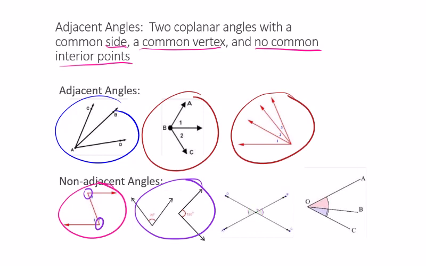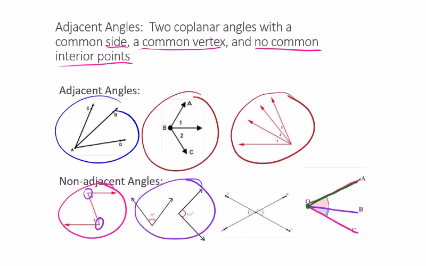Okay, now this one here looks like we have some adjacent angles, and we actually do. We have AOB and BOC. Those are adjacent, but this is the one I wanted to show you to watch out for. It's not adjacent, right? You have two angles that do share a side and a vertex, angle AOB and angle AOC. They share this side and they share this vertex.